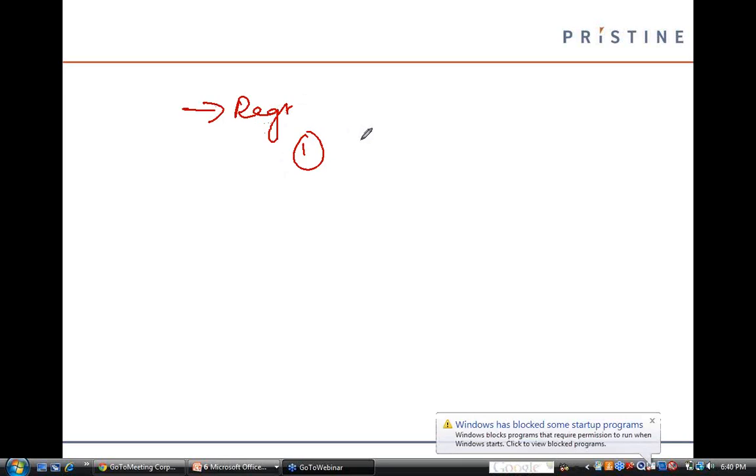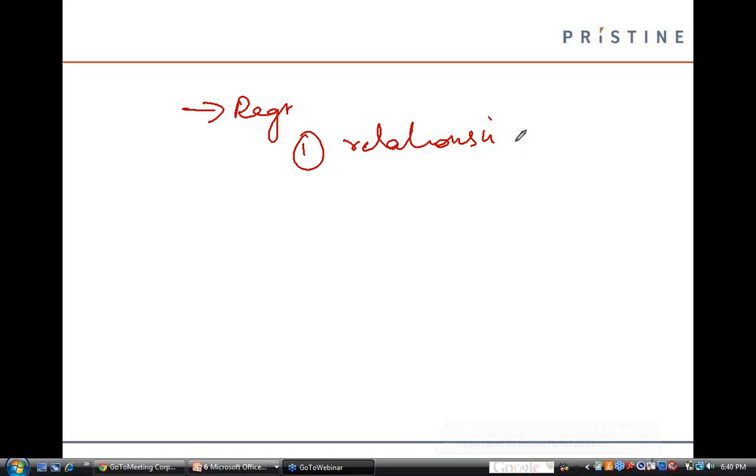Number one, that there is indeed a relationship between two variables. So somebody has to establish the relationship. And number two, more importantly, determine your cause and effect. Only when you have established these two, you can proceed ahead with regression analysis.